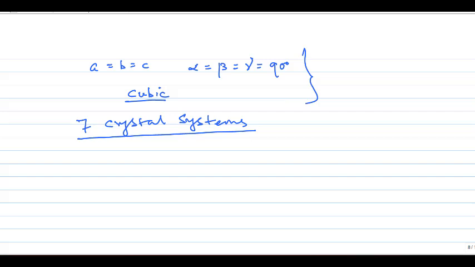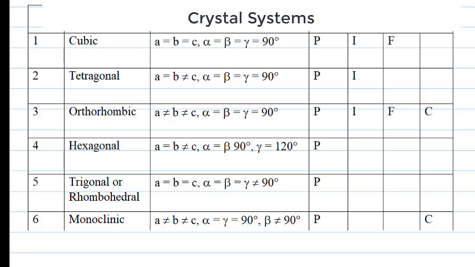Okay. So this is listed over here in this table. As I said, for the cubic, A, B, C are equal to each other, and alpha, beta, gamma are equal to 90°. Okay. Then we have 6 others.